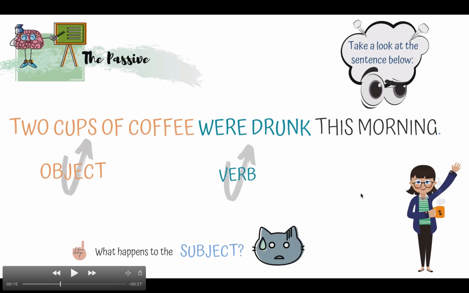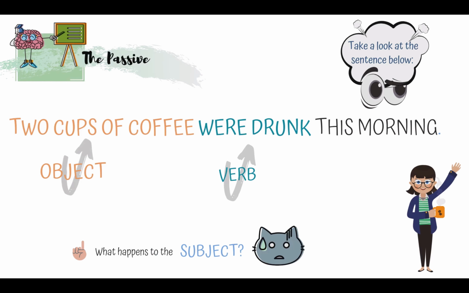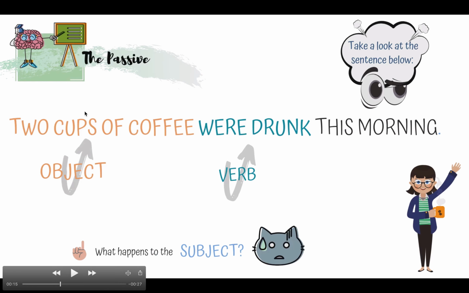If we're talking about the past simple in our sentence, we need to transform the verb to be in the past simple, okay? So in this case, our past simple of to be is was or were. And as we are talking about 2 cups of coffee, then we have to use were, okay?